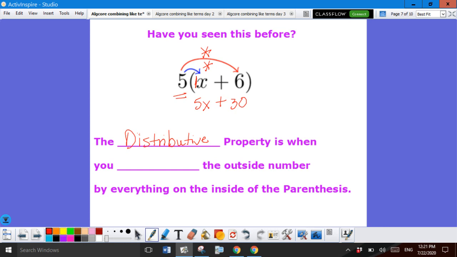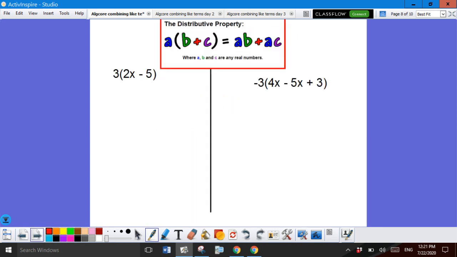That is when you multiply the outside number by everything on the inside. Everybody is going to get a piece of what's on the outside. And we're going to use the distributive property a lot when we are combining like terms.